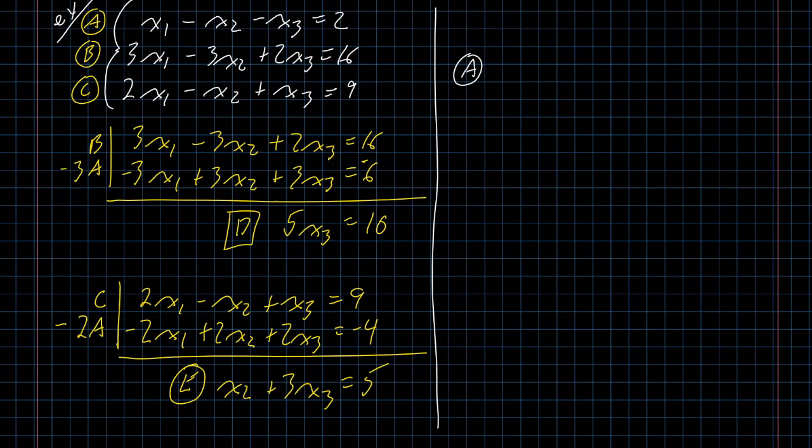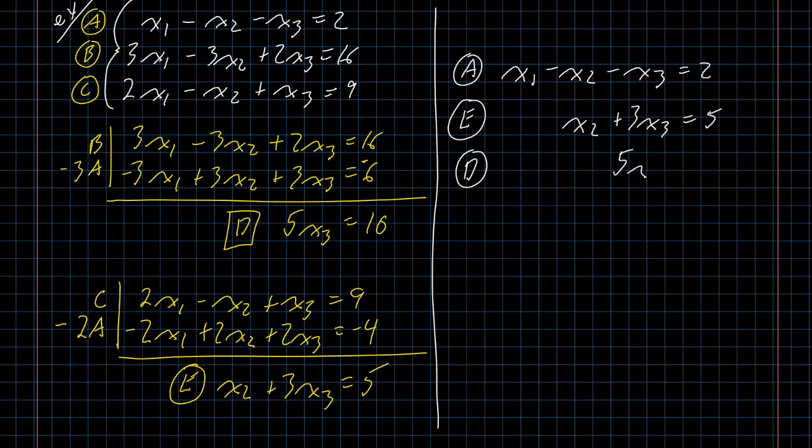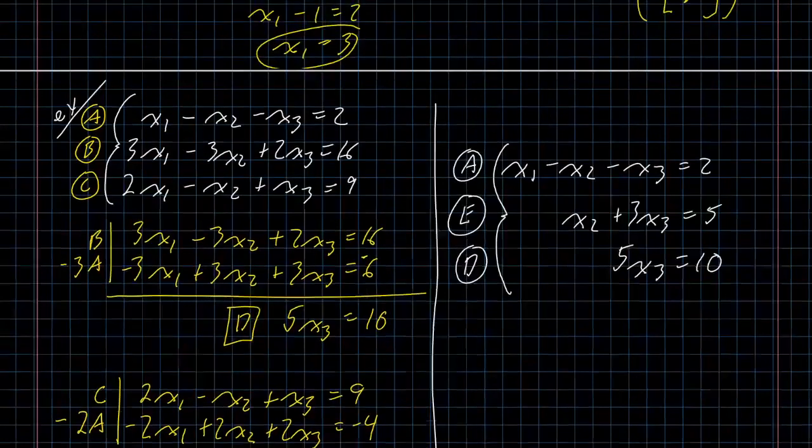If I take equation A that I had from the beginning, the new equation E that I just found, and the equation D that I just found, this system of equations is the same system of equations that we looked at in the last example.